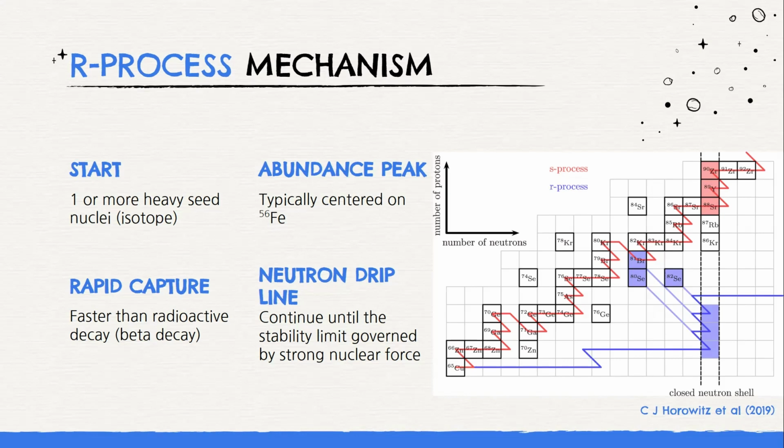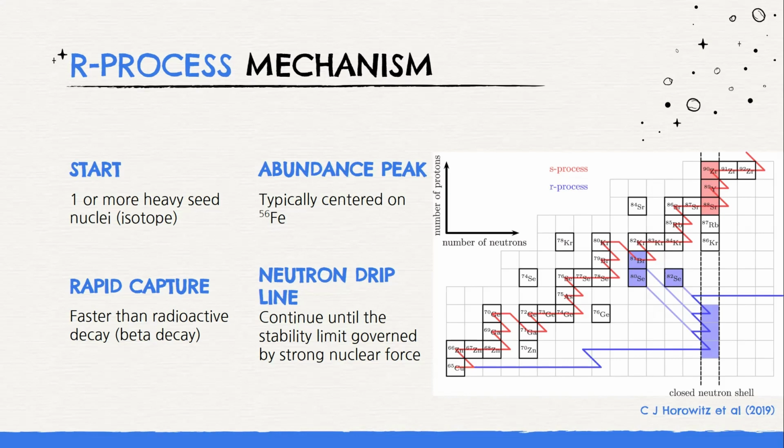It occurs all the way until the neutron drip line, which is basically the stability limit governed by the strong nuclear force. In reality, when any isotope tries to capture more neutrons, there's a limit to how many neutrons the short-range strong nuclear force can contain.